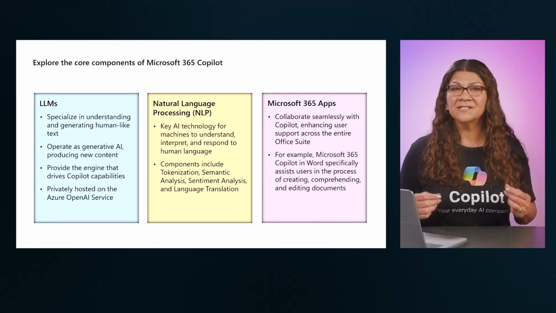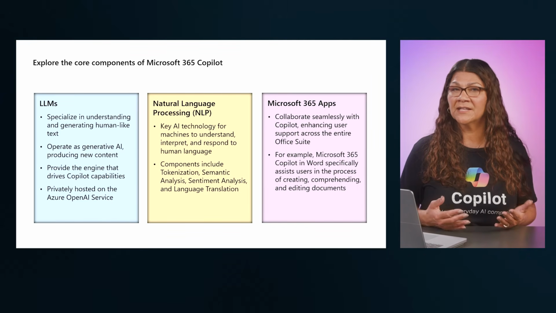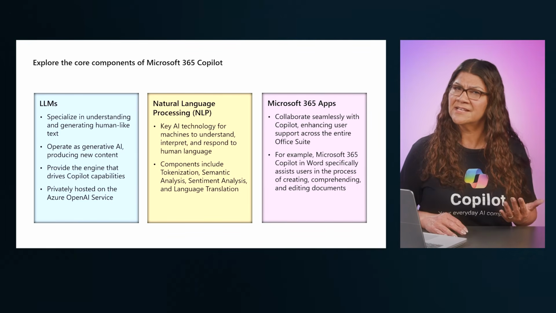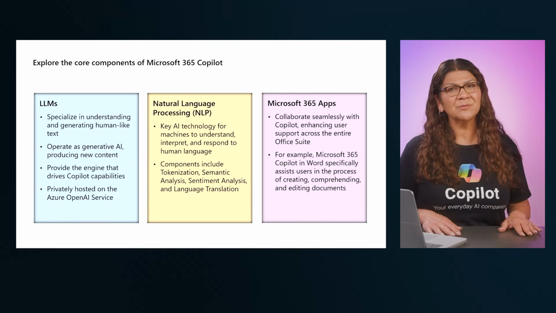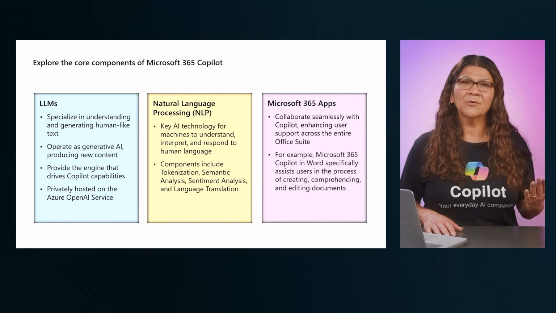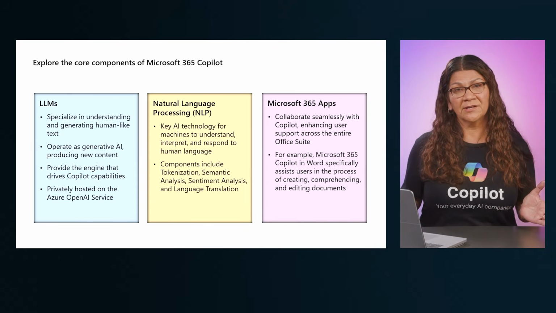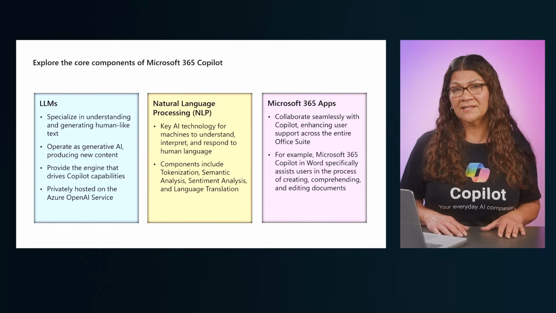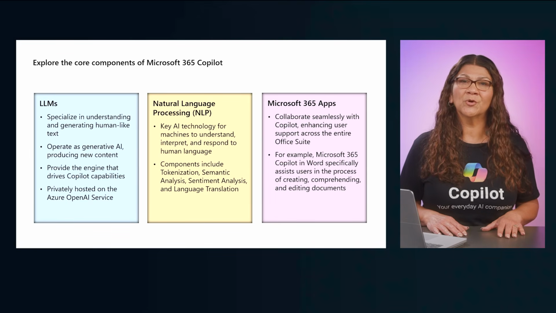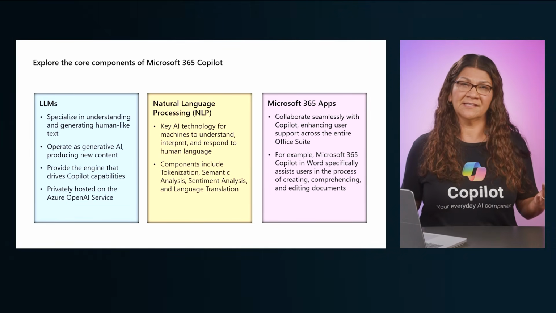Sentiment analysis helps Copilot understand tone and intention, especially when drafting professional emails or summarizing customer feedback. And for multilingual organizations, language translation ensures Copilot can support global teams effortlessly.